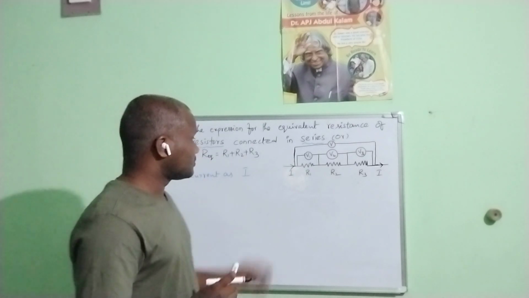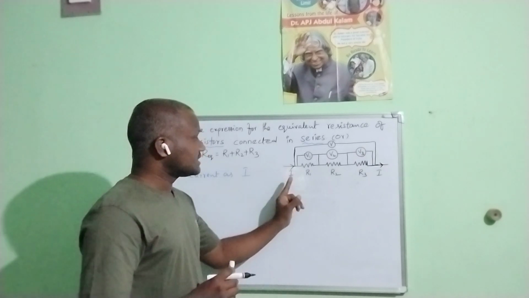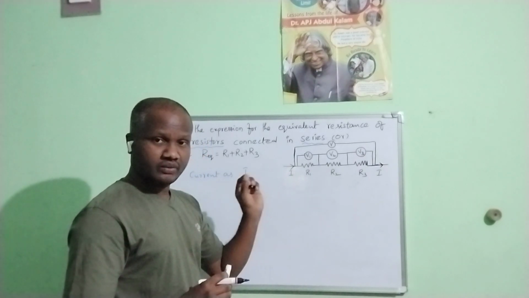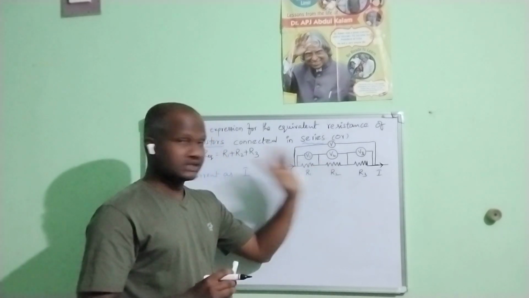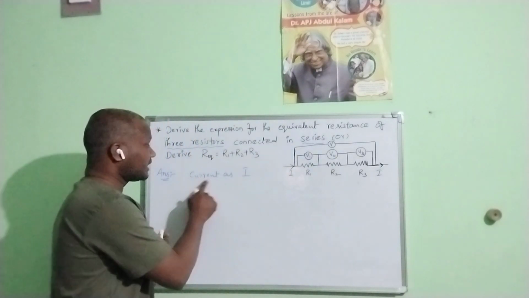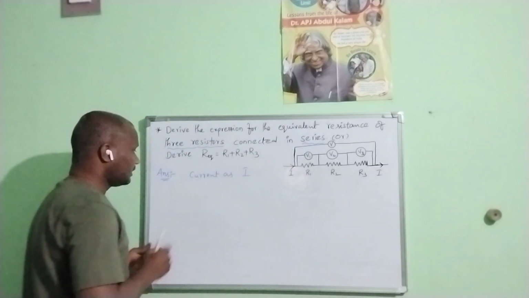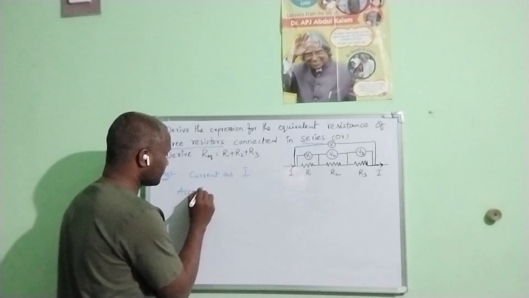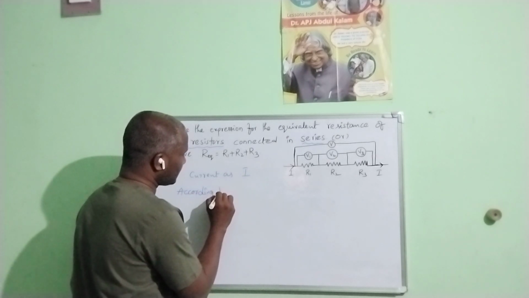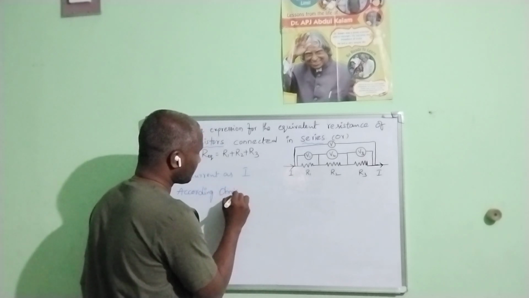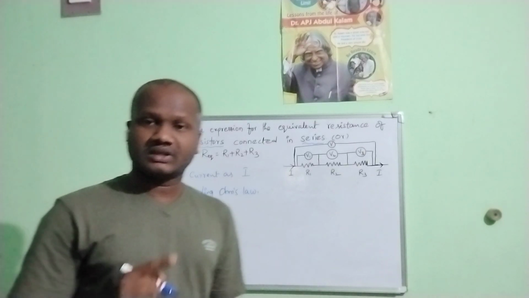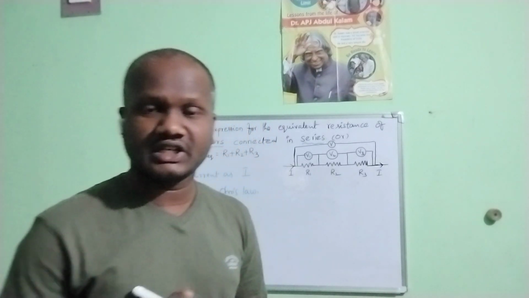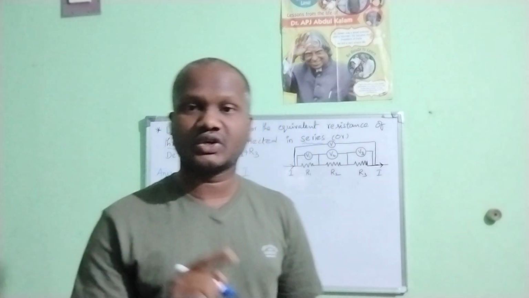So in series connection, when the resistors are connected in series, there is only one path for the flow of electric current in the circuit, so we take the current as I, and according to Ohm's law, the potential difference across the conductor is directly proportional to current. By removing that proportionality constant, we get the relation V is equal to IR.